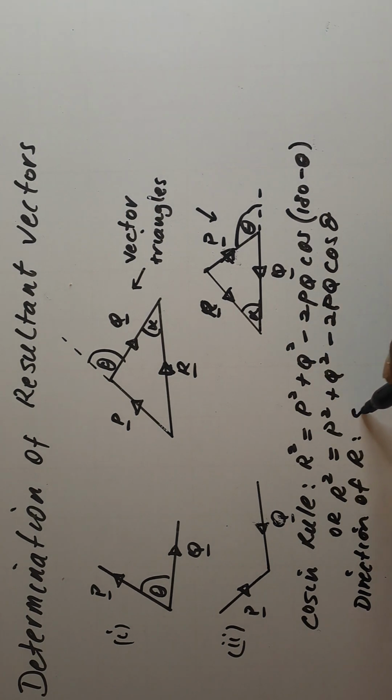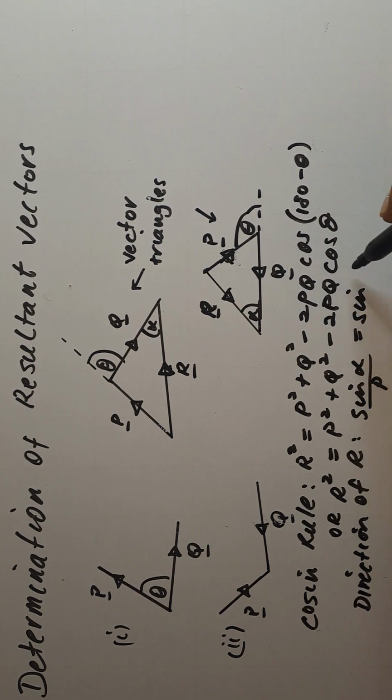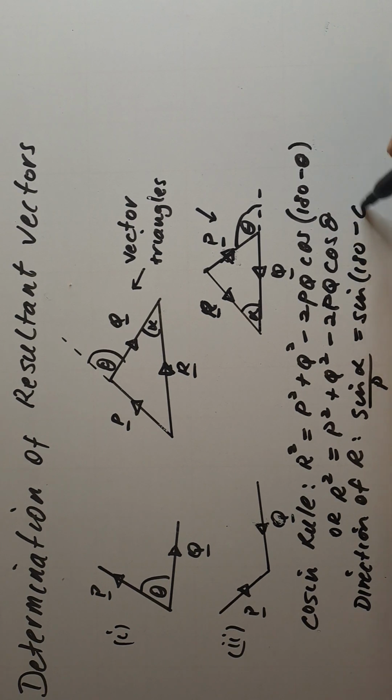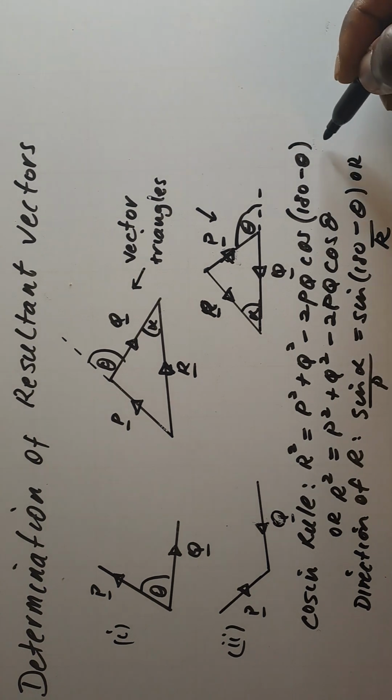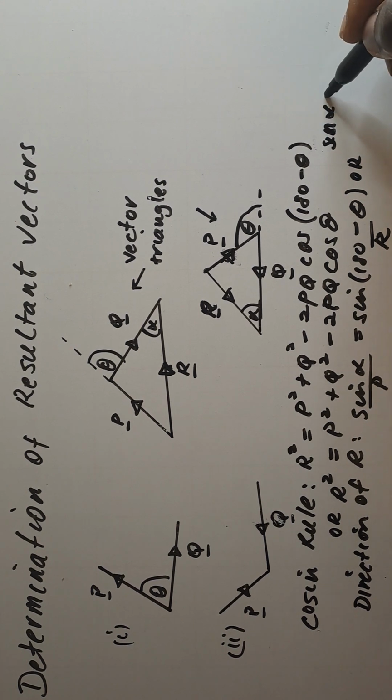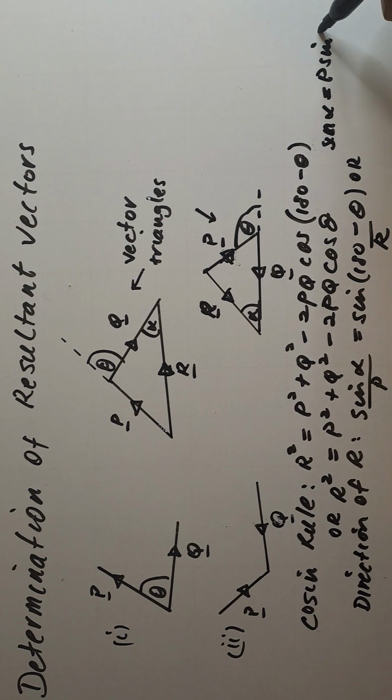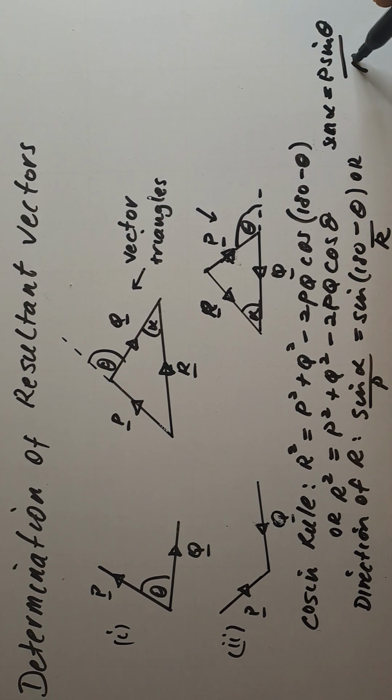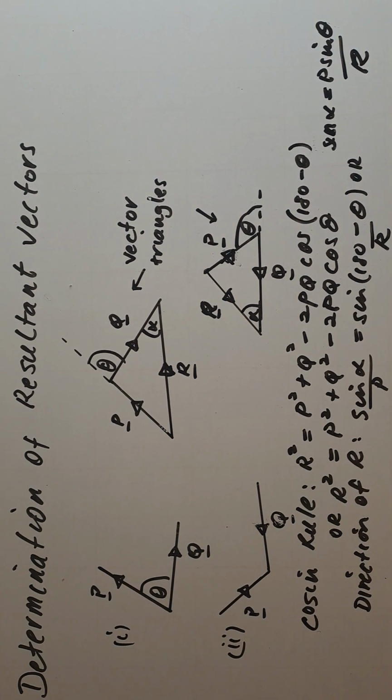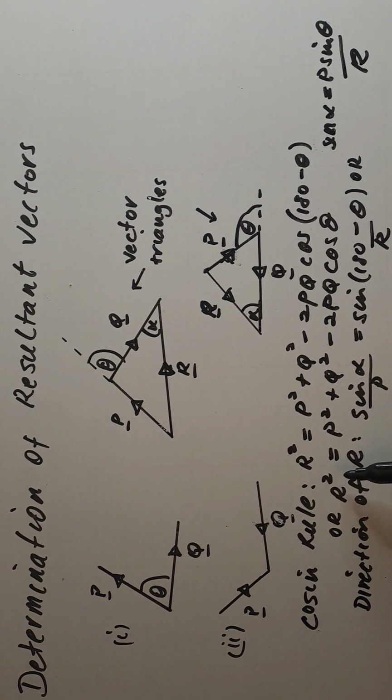So we have that sine alpha over P is equal to sine of 180 minus theta over R, which we can write as sine alpha equal to P sine theta divided by R. And so now we have both the resultant that we can calculate using the cosine rule and the direction of this resultant using the sine rule.